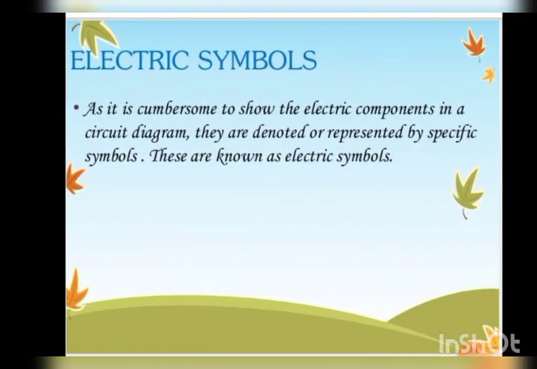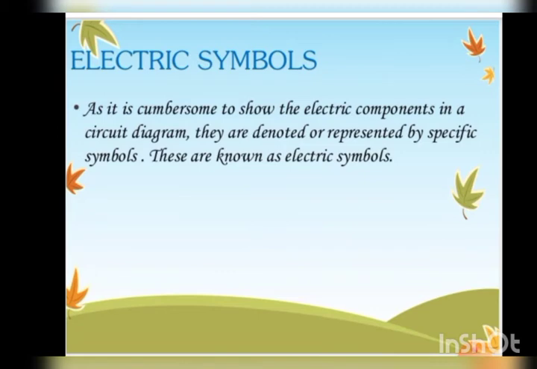Electric symbols. Now it is very difficult to show the electric components in a circuit diagram. Every time we draw the circuit diagram, it is very difficult to show the component fully, so they are denoted or represented by a specific symbol. Okay, these are known as electric symbols.